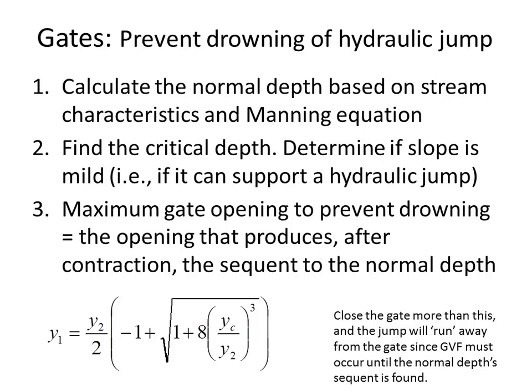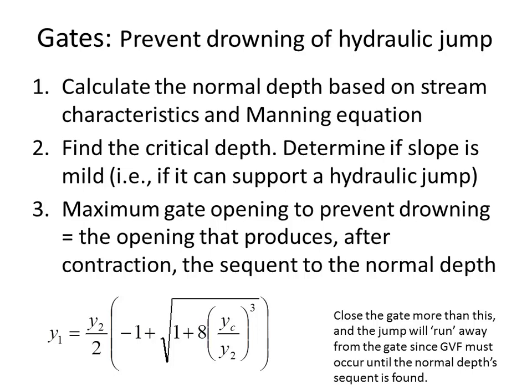So this would be an instance where it has run away from the gate, but it can get a little bit closer and then jump up. If it drowns the gate, that means that the water is like this, and the hydraulic jump is still there, but it's actually submerged underwater, so we don't see it.